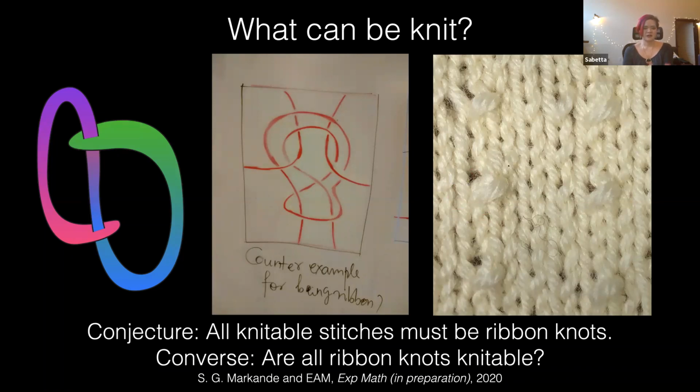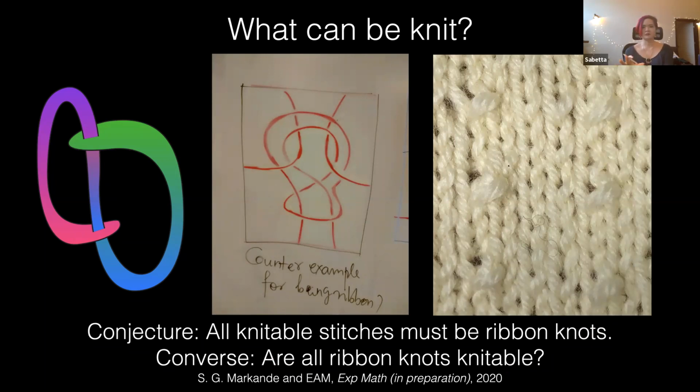I think it's really wonderful that Shashank was able to look at the mathematical properties of these knittable knots and come up with something that the knitting world had never seen. And it's just using math. I think that's so cool. And so we have been able to prove that all knittable stitches are ribbon, and the converse is not true: not all ribbon knots are knittable stitches.